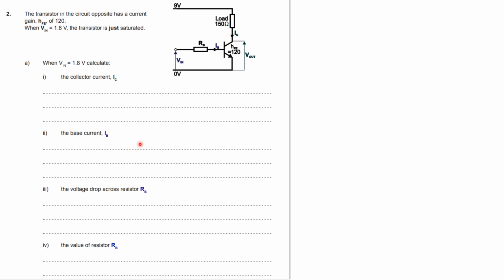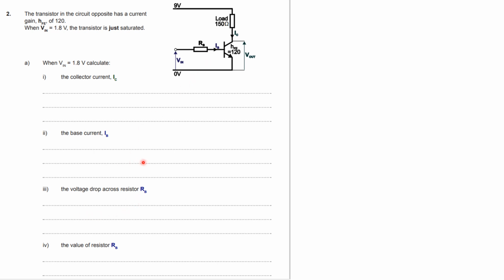The base current, again like the previous question, if I know that the gain is 120, how many times bigger or smaller will the input current be? 120 times smaller, yes. And then the volt drop across the resistor RB.